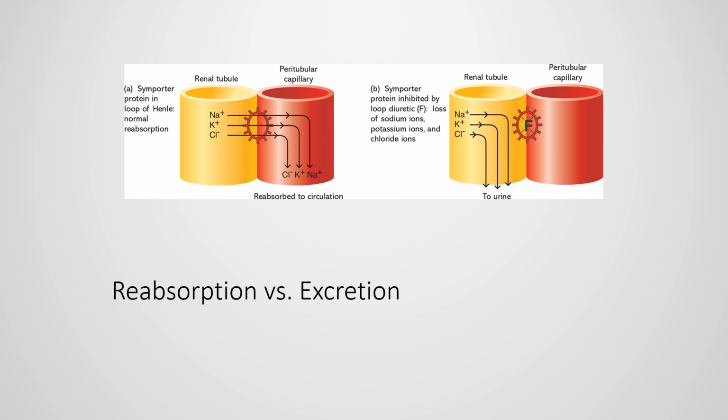Excretion just means that you're getting rid of it. It's going into the urine, it's going out. The one term that I would add here is secretion. Most things that you filter in your nephron are reabsorbed back into the blood.